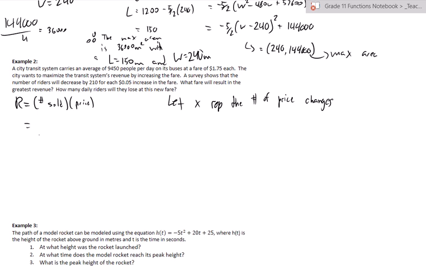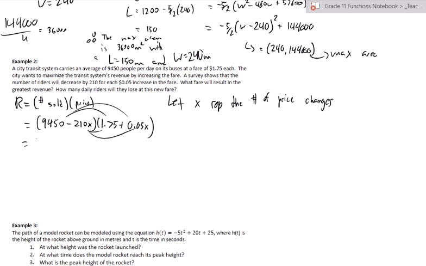So the original number of tickets sold is 9,450. It's going to change by 210 each time. And the original price is $1.75, and it's going to increase by 5 cents, or 0.05x each time. So this then creates for us a factored form, which we then have to expand and simplify to standard form, and then convert to vertex form to find that vertex. So you're going to do some foiling, and expand and simplify.